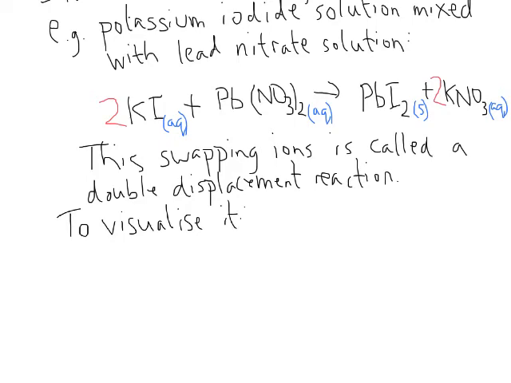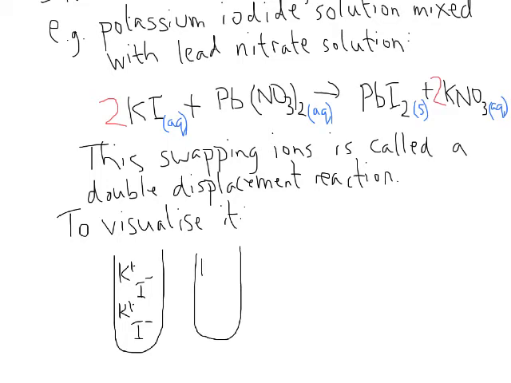In my first tube, I've got lots of K pluses and I minuses floating around everywhere. In my next tube, I've got lots of Pb 2 pluses and NO3 minuses floating around everywhere.